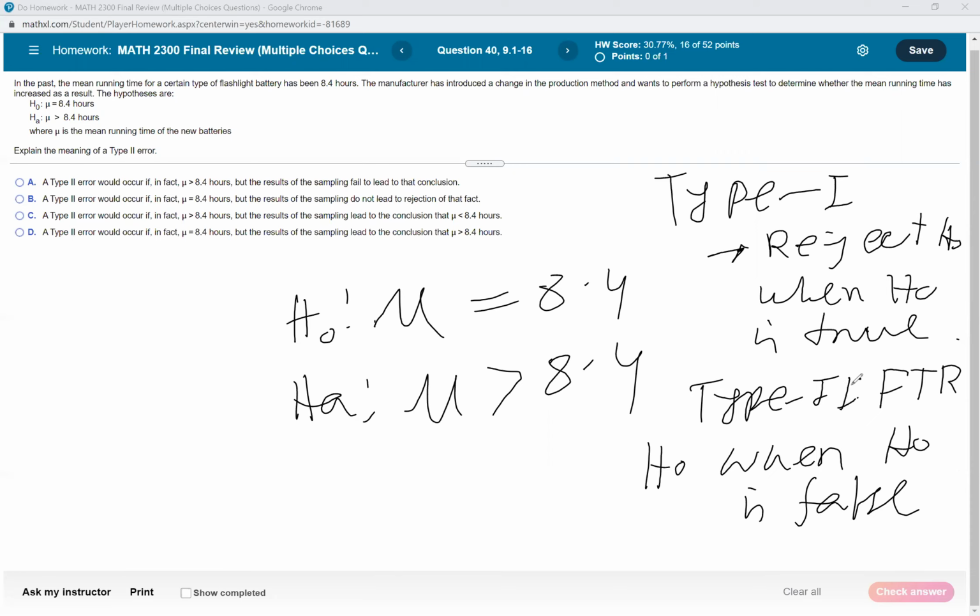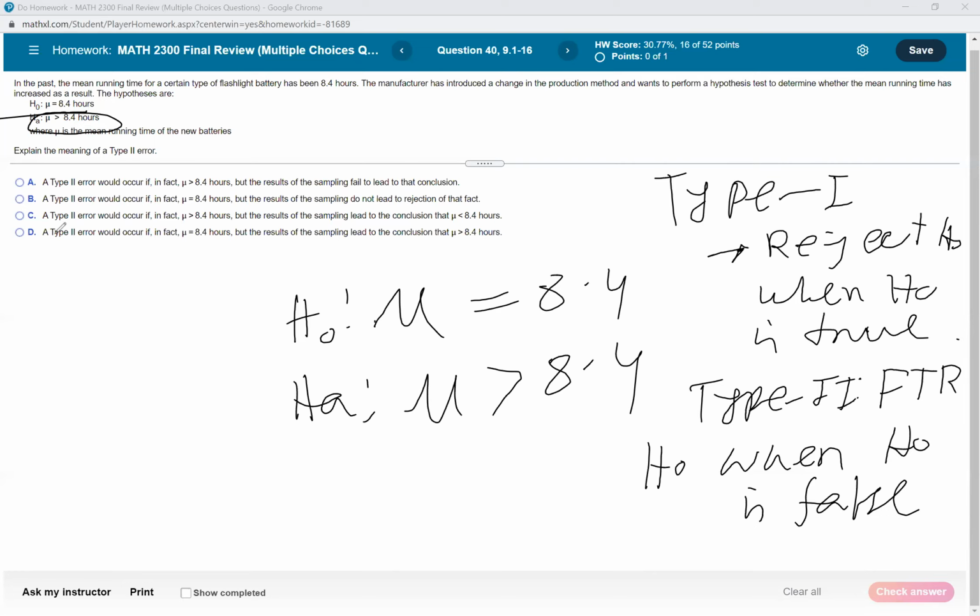So this is type 2. FTR means fail to reject. So what does it mean? Fail to reject null means we are failing to conclude mu greater than 8.4, that the average lifetime is more than 8.4 hours. We are failing to conclude this, when in fact the average lifetime is more than 8.4 hours. So this is the type 2 error.